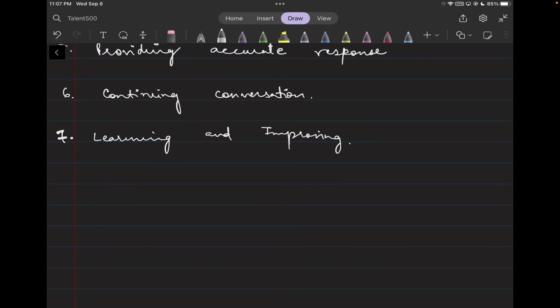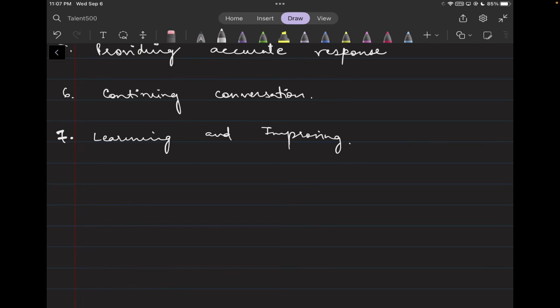That is also going to be based upon past interactions. Let us say today it is talking to one person, and after that it gains some information. Whatever information it gains, it is going to use for the next responses. That is how ChatGPT is going to learn and improve.